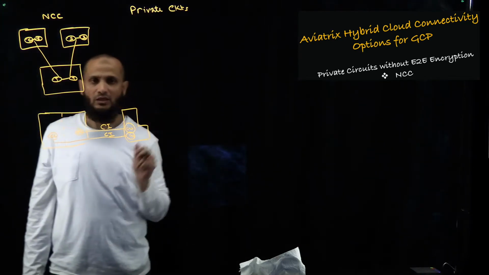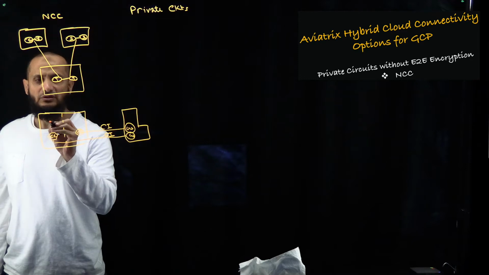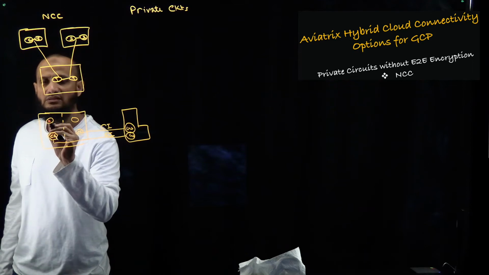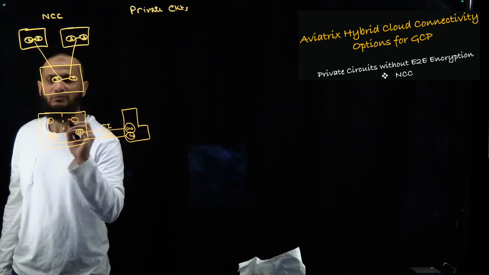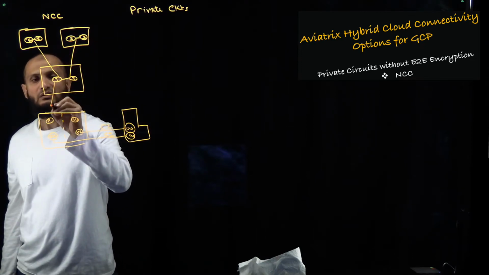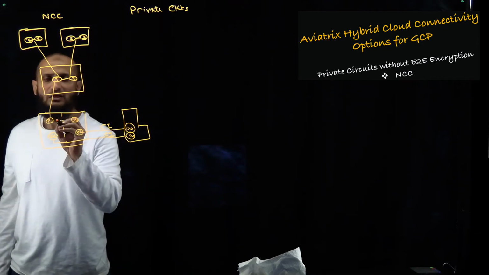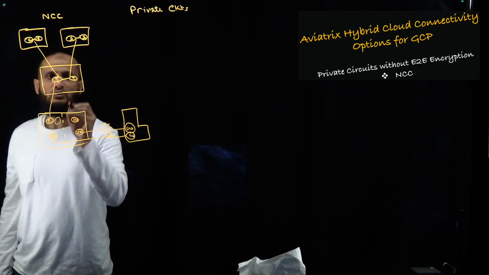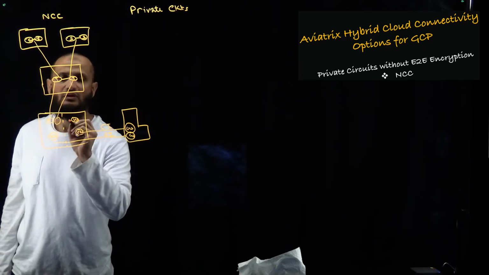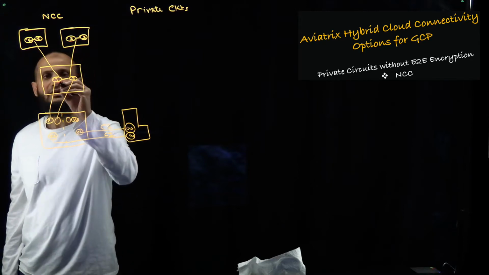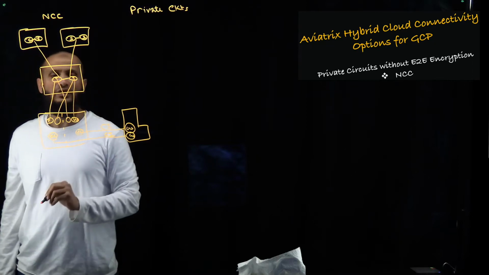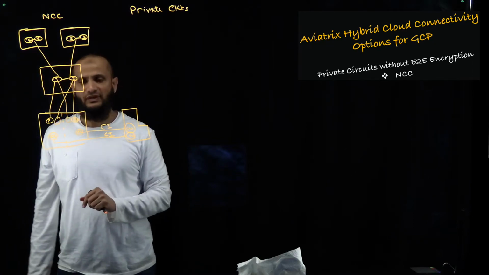Now, these are going to be the interfaces for my transit gateway, right? This is the transit. Let's say this is the primary, this is the HA gateway. And then we are going to have one more interface for this one over here as well. So these are basically all the interfaces.